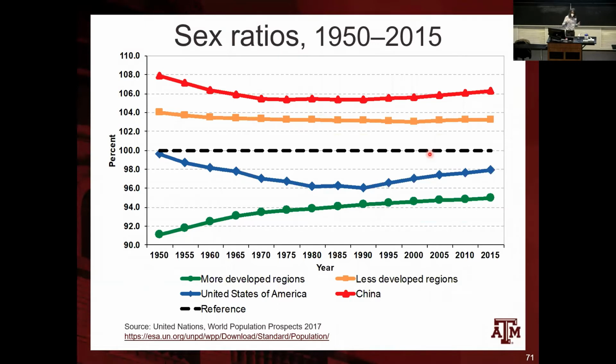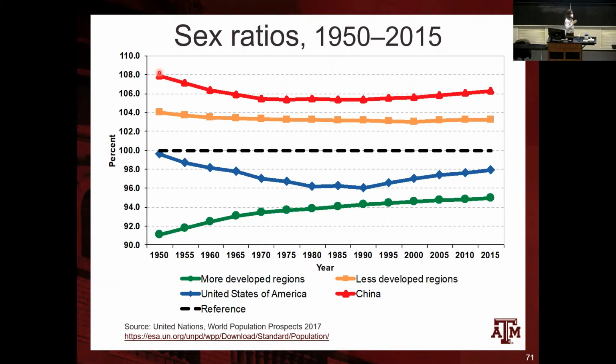And in China, the sex ratios are even higher than for the overall less developed regions, right? China had the one-child policy. Even with the one-child policy, on average, women had 2 children, right? The total fertility rate, even during the one-child policy between 1979 and 2013, was around two children per woman.